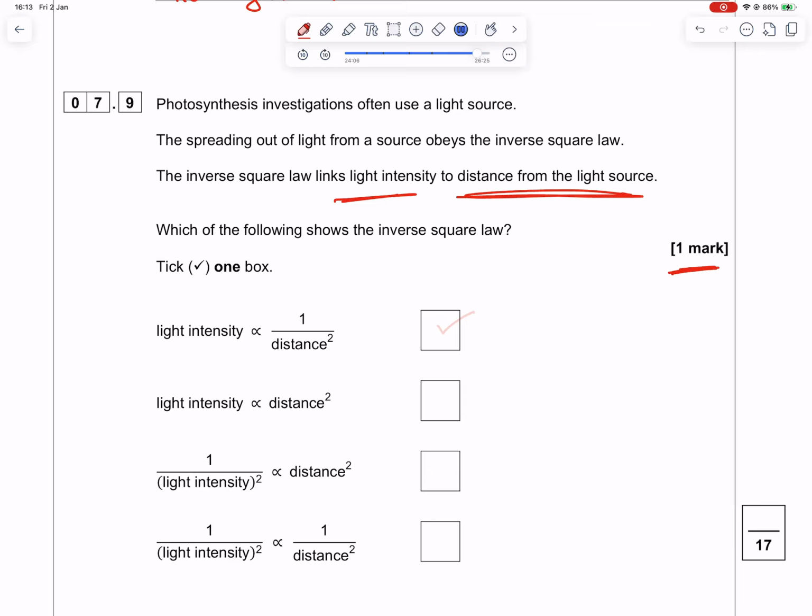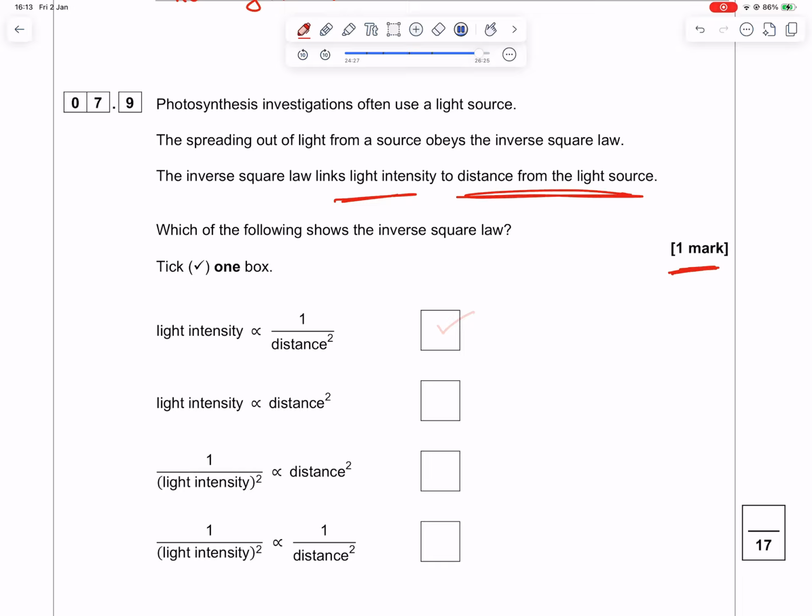Now, what does the inverse square law say? As the distance increases, light intensity decreases following the inverse square law. That means if you double the distance, the light intensity becomes 4 times smaller.